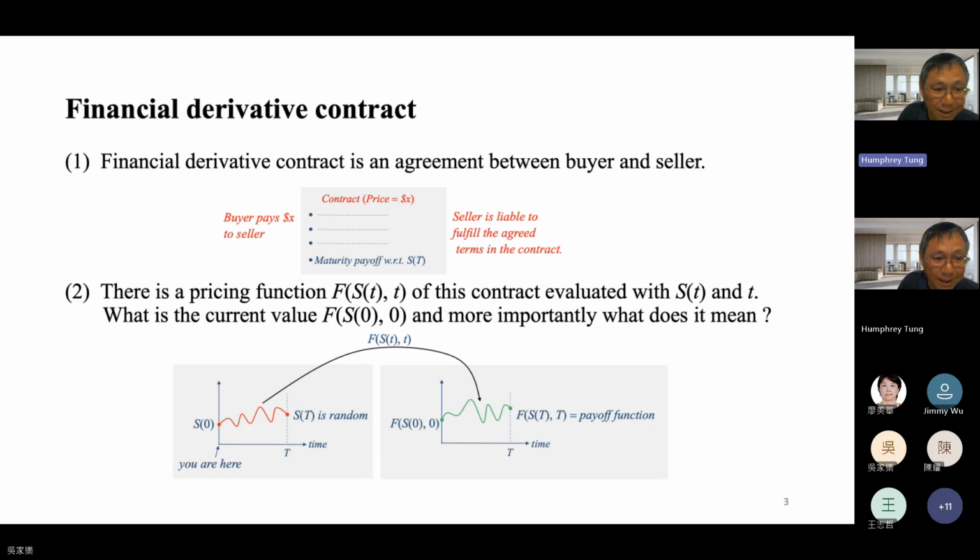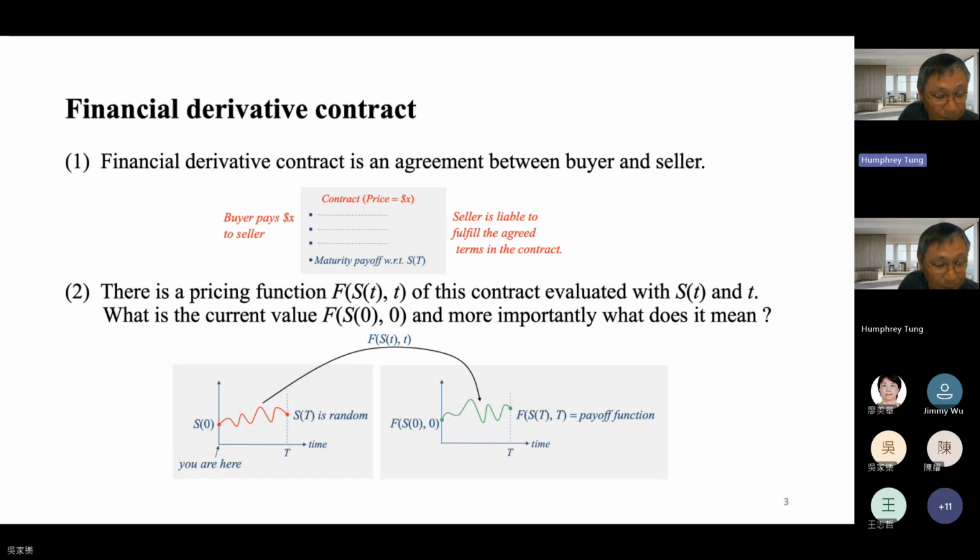So the seller will agree to sign this contract. Once the seller signs this contract, he or she is liable for all the detail in the contract, but needs to receive an amount from the buyer, which is the price. And in the derivative pricing model, there will be a formula according to the current price and current time, and then you can calculate what the price is.